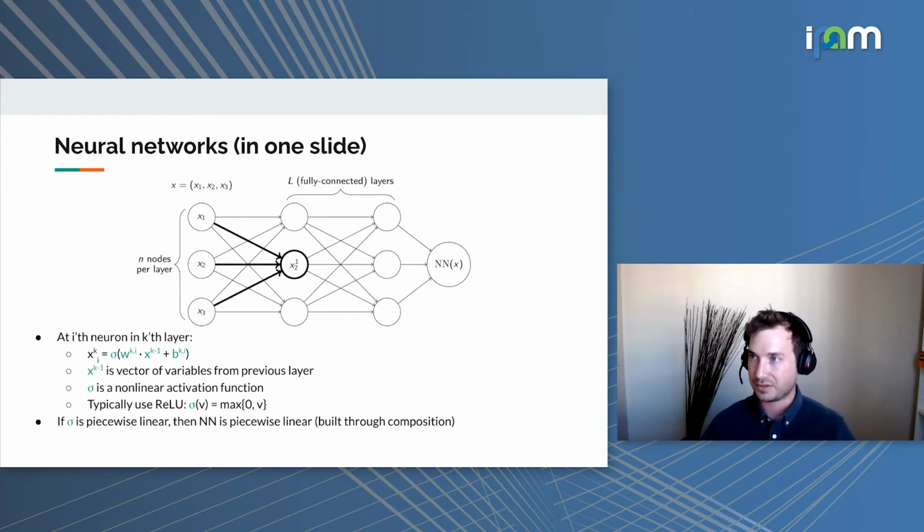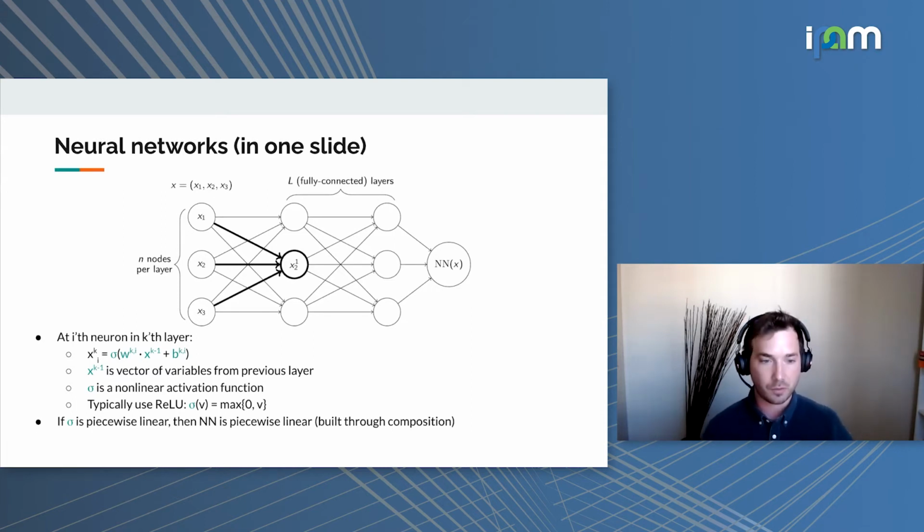Okay, for this audience, I'm not going to belabor this one slide on background of neural networks, but there's one key point I want to hit upon. Let's just consider a standard feed-forward network. You have a series of layers, and in each layer, you have a set of neurons. Those neurons take the output values from the preceding layer, apply some affine transformation, and then plug that value into an activation function, for example, the ReLU function.